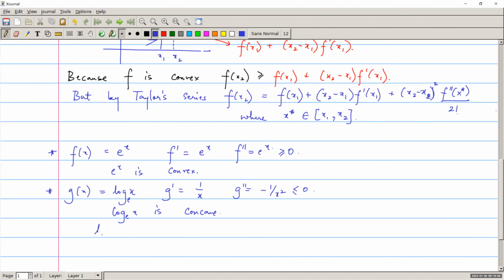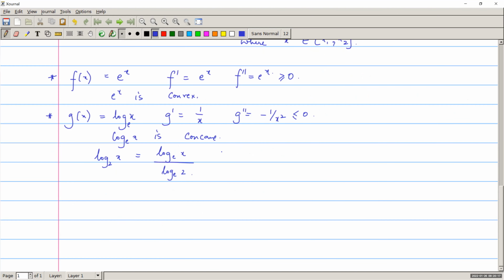Now log to base 2 is just a scaling of the natural log. The function is simply scaled by a constant that is positive, so the first derivative and second derivative both get multiplied by a positive constant.